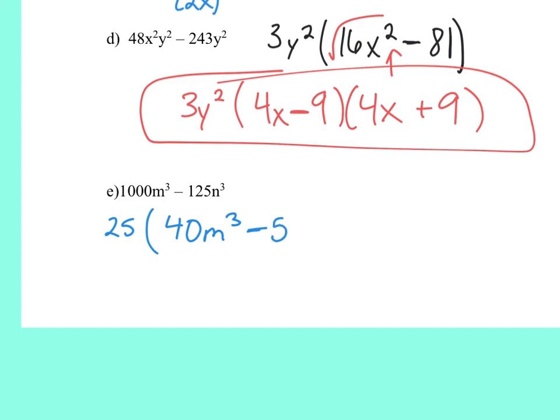5 n to the third. Good. Do 40 and 5 have anything else in common? 5. So we didn't pull out the greatest common factor. So we would have just got that problem wrong. So we need something bigger. Something bigger than 25, sorry.